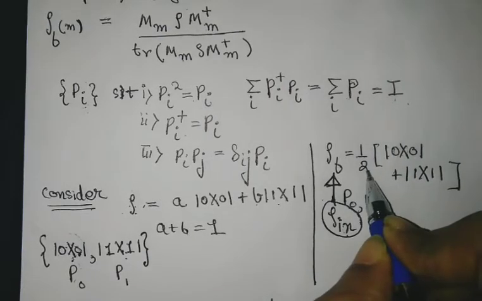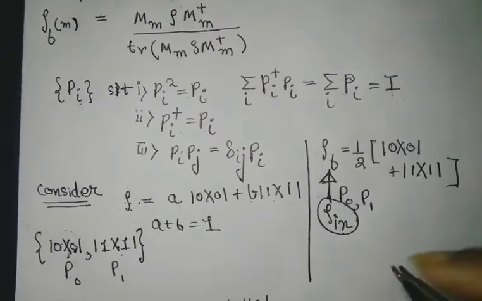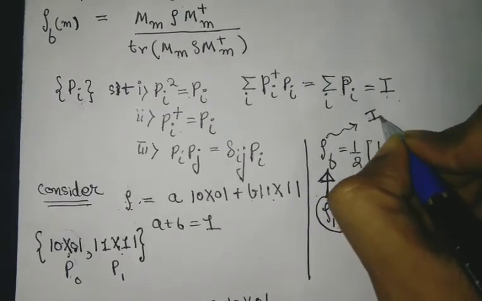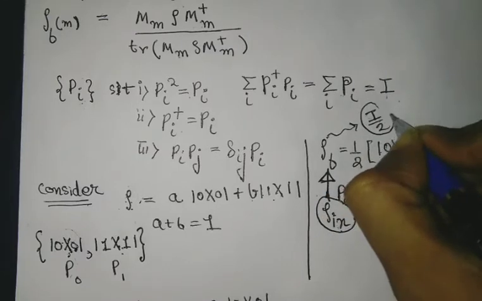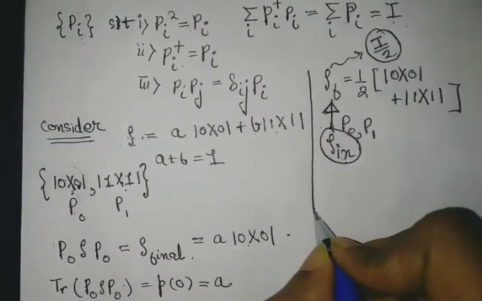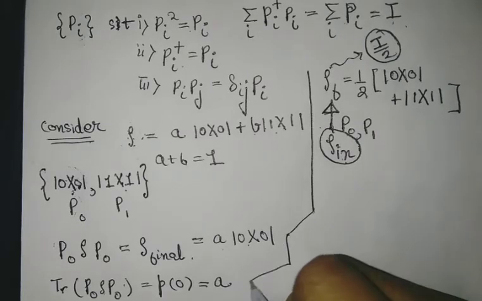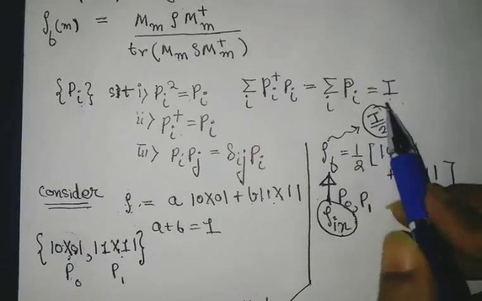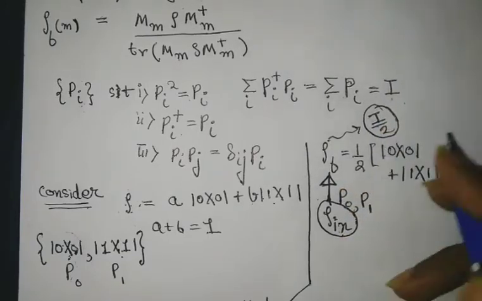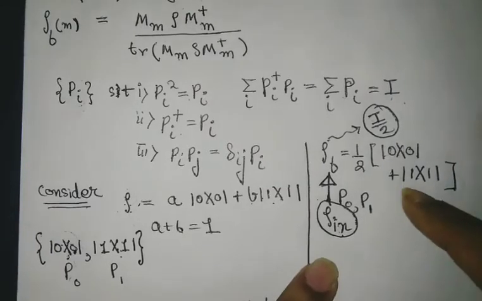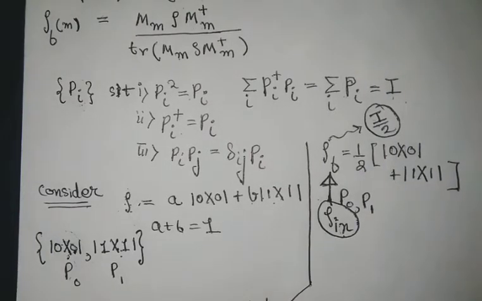As we have seen in previous videos, this is nothing but the I/2 state, the maximally mixed state. So non-selective measurements can induce randomness. This I/2 is very random; we will see it has an entropy of 1. So this is one example.